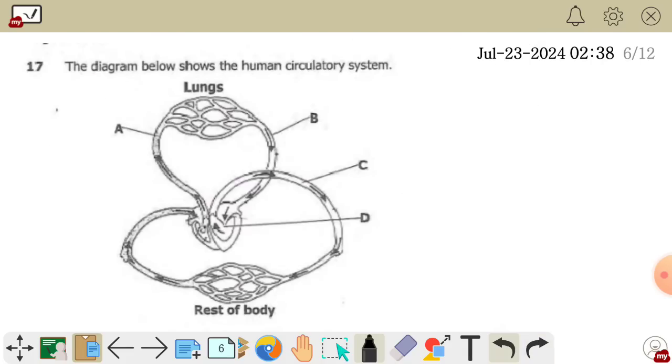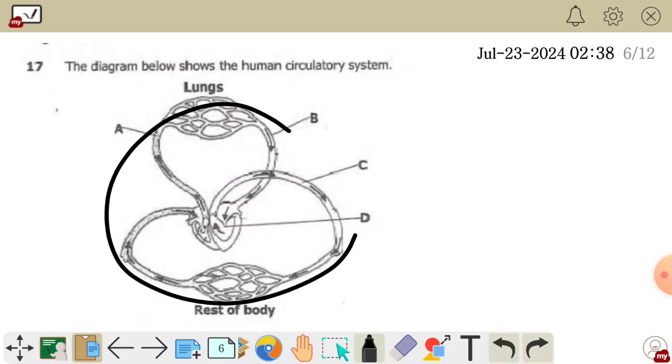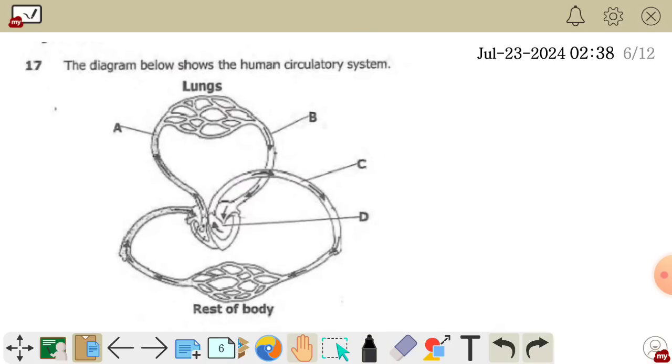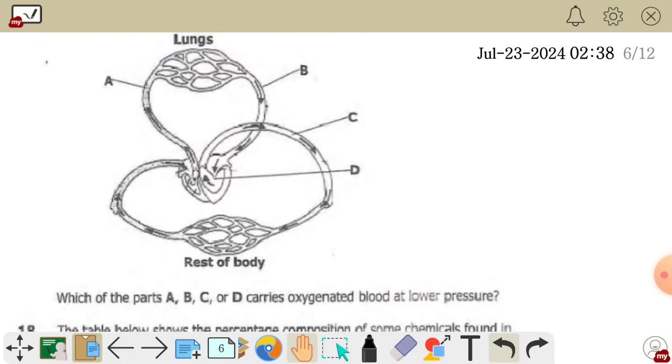Question 17. The diagram below shows the human circulatory system. The question continues to say, which of the parts A, B, C, or D carries oxygenated blood at lower pressure?